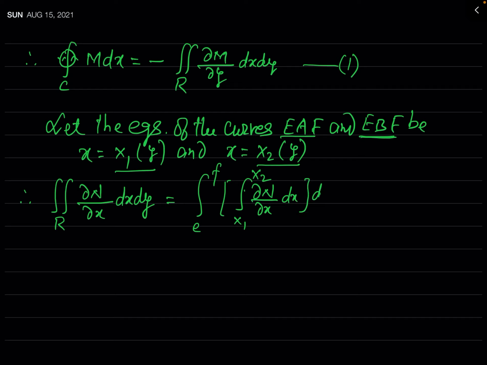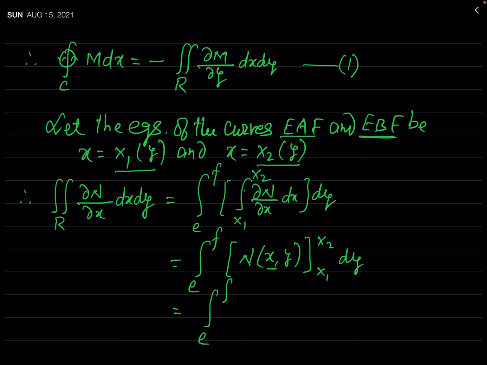Now this can be written as the integral from e to f of dy, and what will be this integral? You can easily say this integral will be simply n of x, y, and the limits are capital X1 and capital X2. Remember, these are limits for the variable x, not for y. Now substitute the limit.